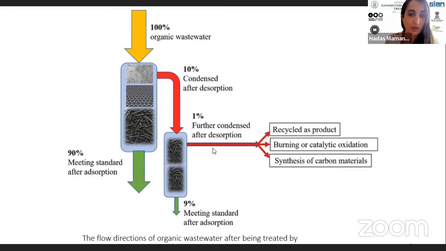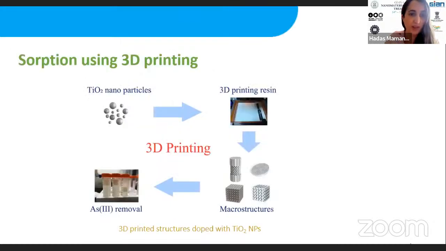Now, afterwards, we need to recycle the adsorbed material, and we need to separate it from the stream and treat it in order to have the process more sustainable. So this is also an important feature.